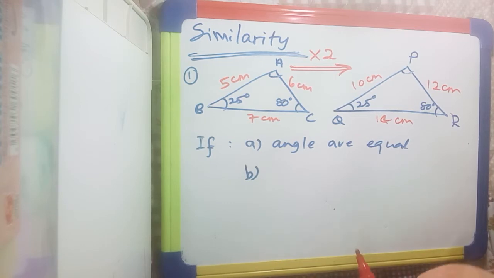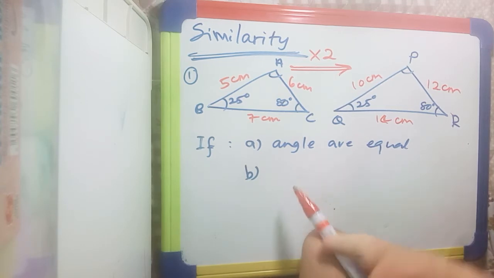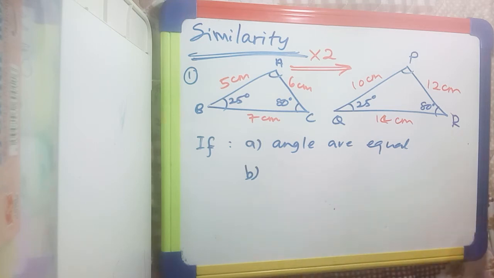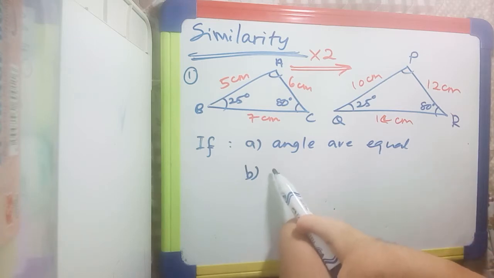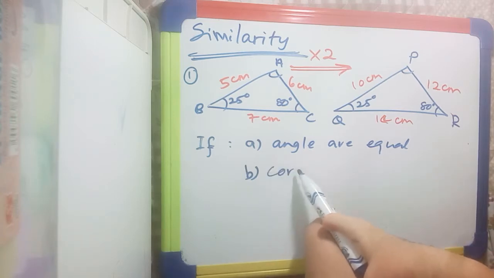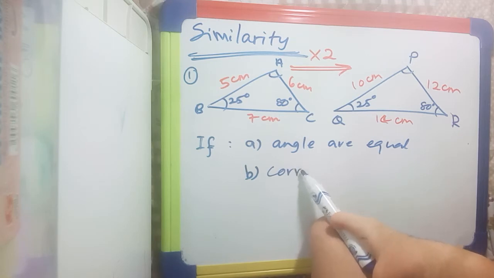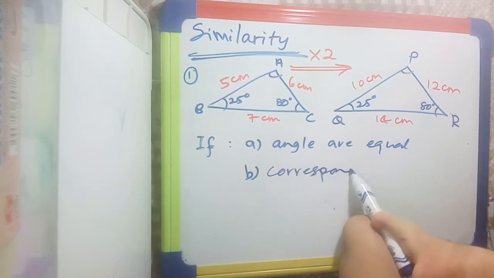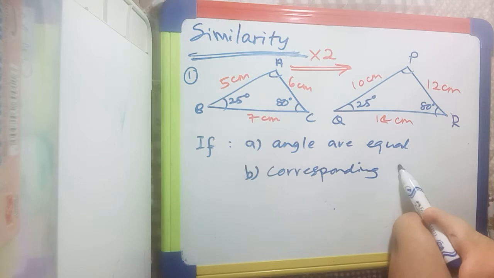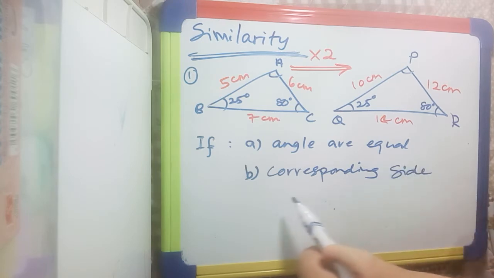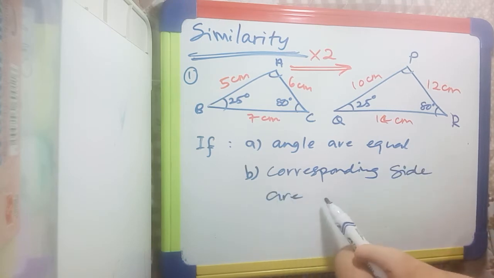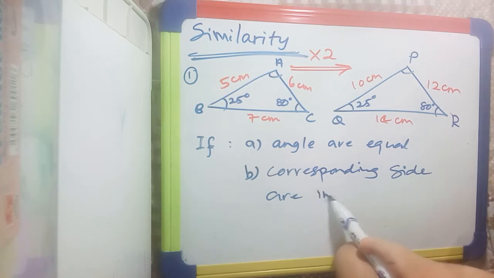So another rule to check if the triangles are similar or not, you must make sure the corresponding sides are in proportion.